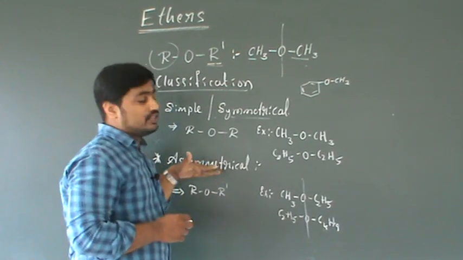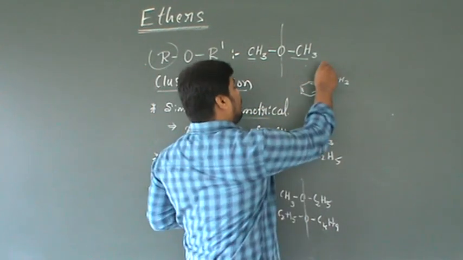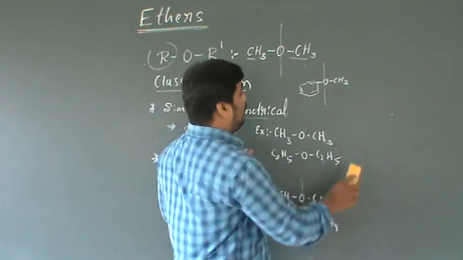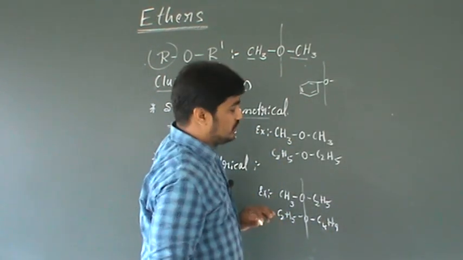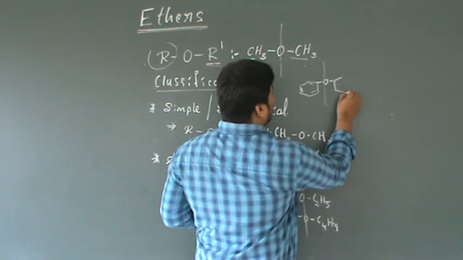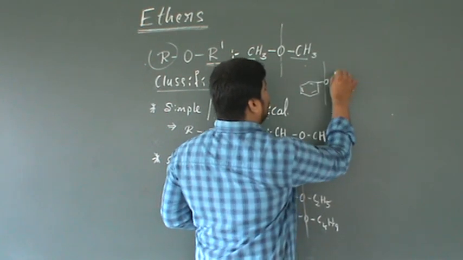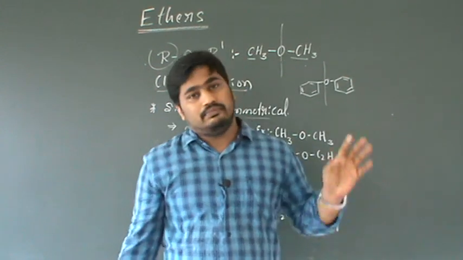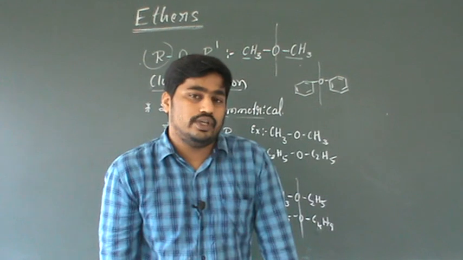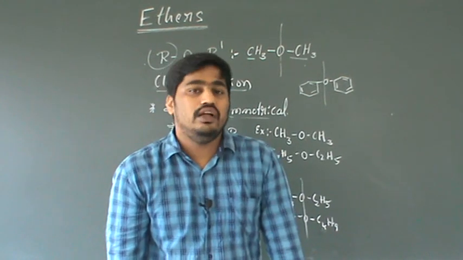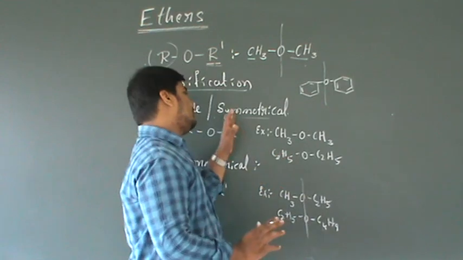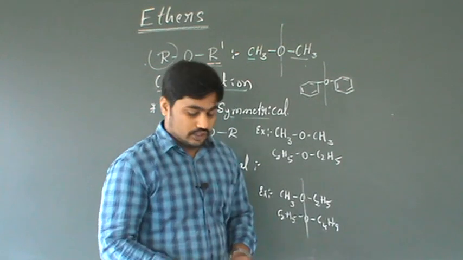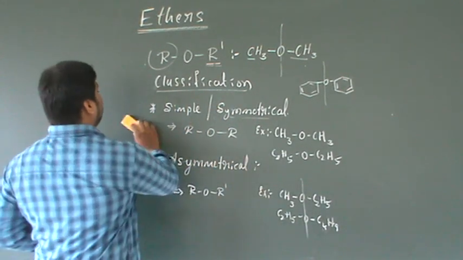Based on the classification, this is asymmetrical, because around the oxygen we observe different types of alkyl and aromatic groups. Suppose aromatic groups are substituted on both sides, then that becomes a symmetrical ether. So whatever we observe in the aliphatic case, a similar classification we observe in the aromatic case also. This is the classification of ether.